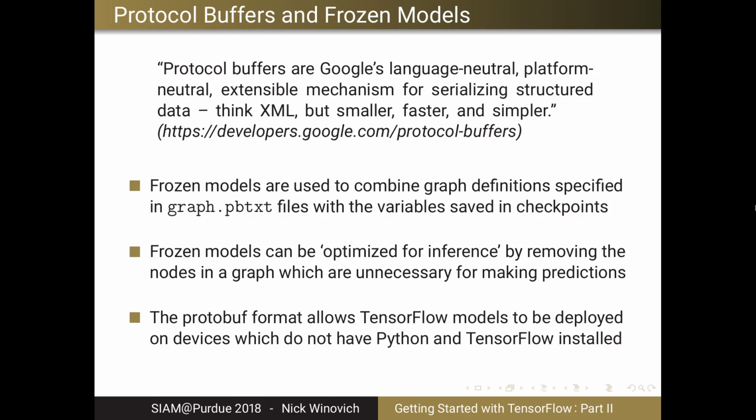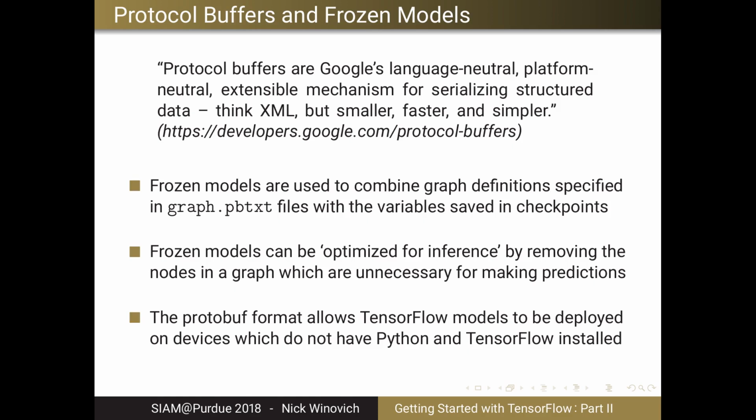So one interesting aspect of these checkpoints is that they can be converted into what are referred to as frozen models, and they're saved in these protocol buffer formats, which are lightweight and language neutral, or language independent. And you can read them. There are string versions, but they're also usually written in terms of bytes.